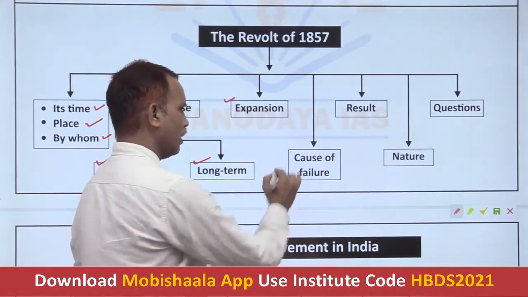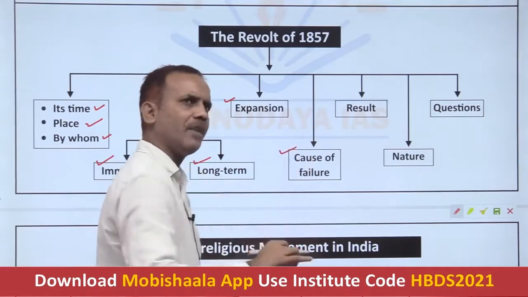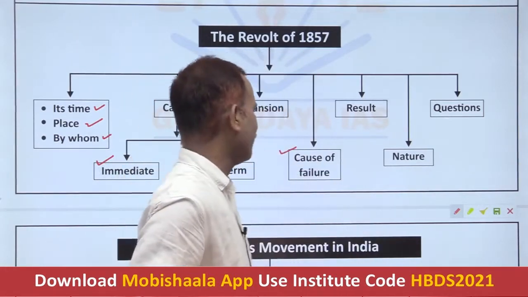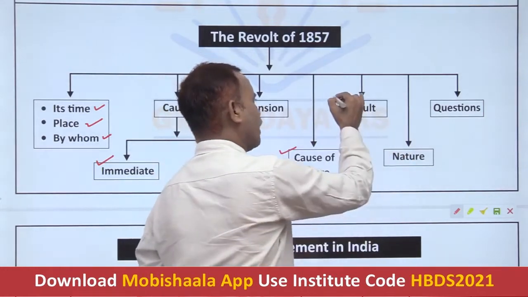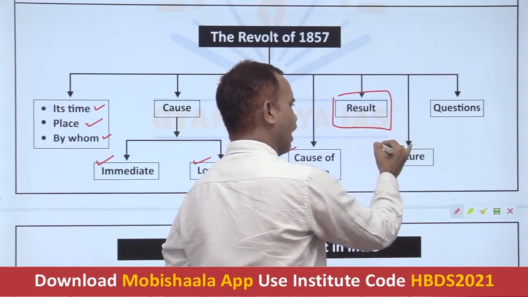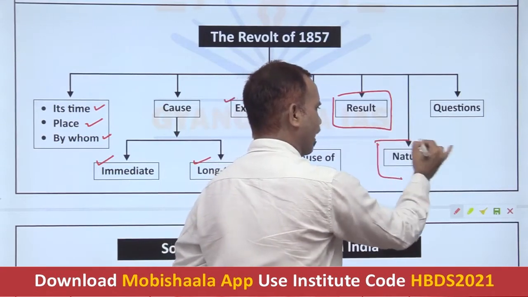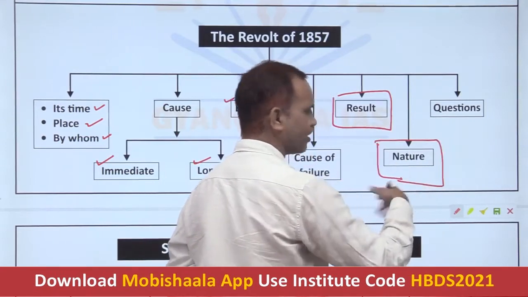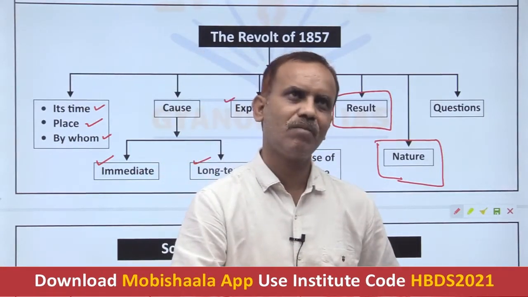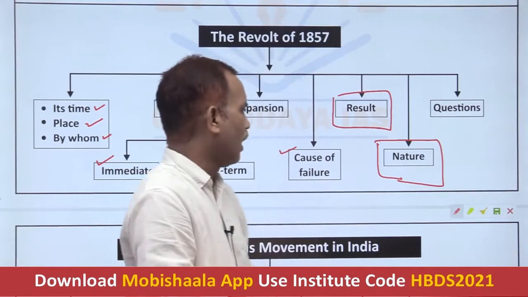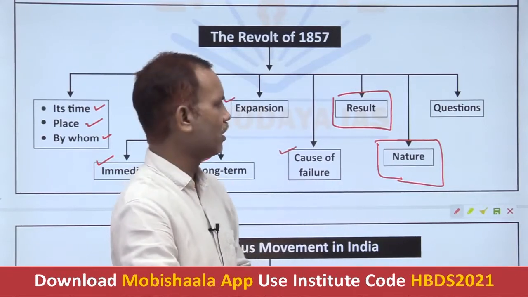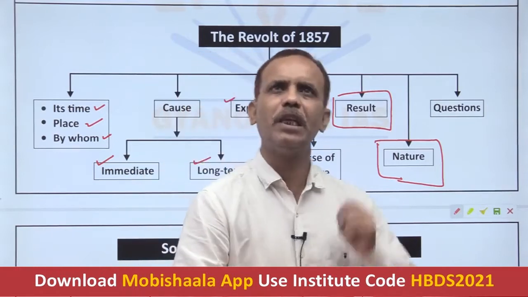Then the basic causes behind the failure of the revolt, and then after, the result of the revolt of 1857. And finally, the character of the revolt, means its nature, its dimension. Okay. And eventually we have to also discuss some questions based on this revolt.